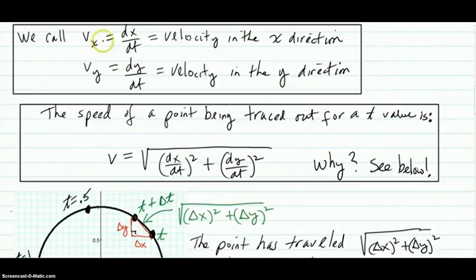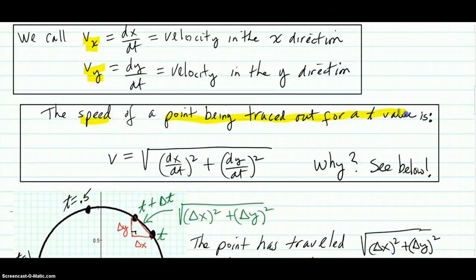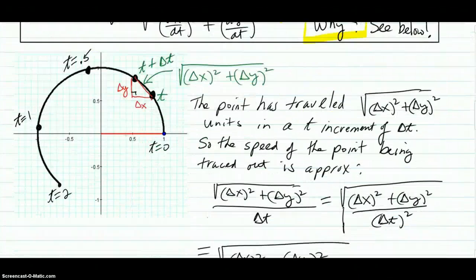This v sub x is the x-coordinate of the velocity vector, which we'll talk about in another video, and it's the dx/dt, the velocity in the x direction, and v sub y is the velocity in the y direction. The speed of a point being traced out for a given t value is this formula here. So here's why that is.